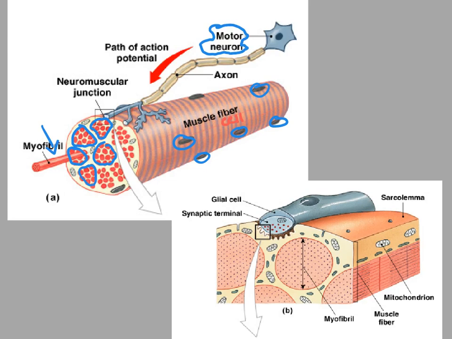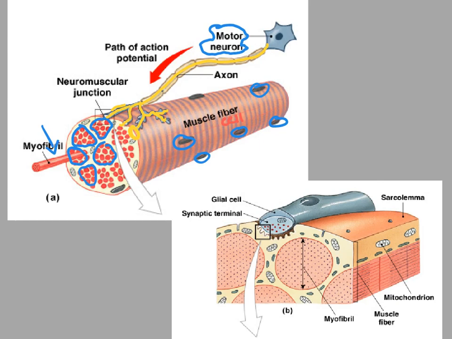So when this motor neuron sends out its action potential or its electrical signal, that electrical signal travels down this structure right here called the axon, and that electrical signal travels out these little branches here, and eventually that electrical signal reaches the sarcolemma, the plasma membrane of the muscle cell.